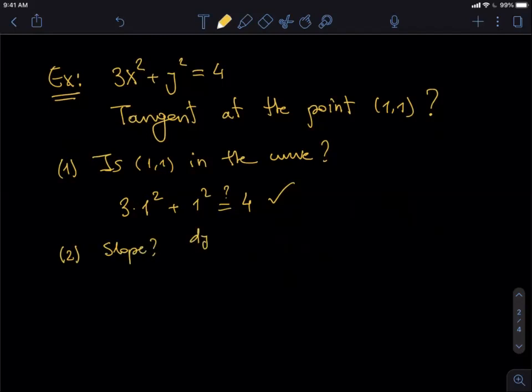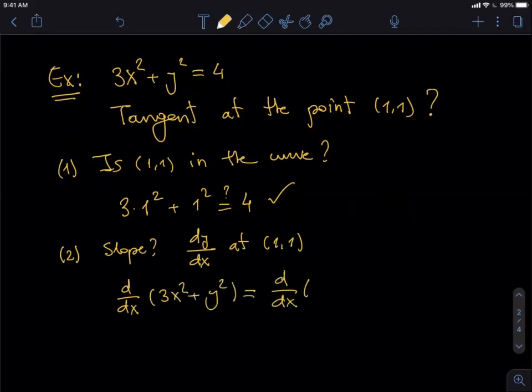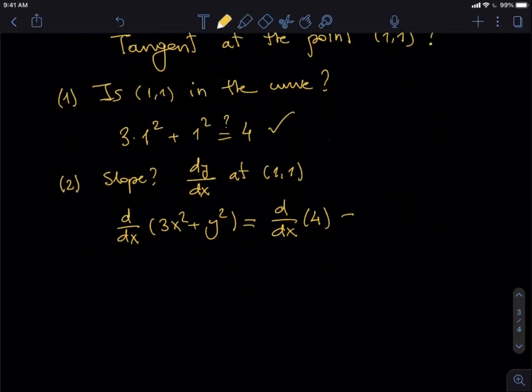That's our dy/dx at (x0, y0), now (1, 1). So we do the trick of implicit differentiation. So d/dx of 3x squared plus y squared equals d/dx of 4, which is 0.